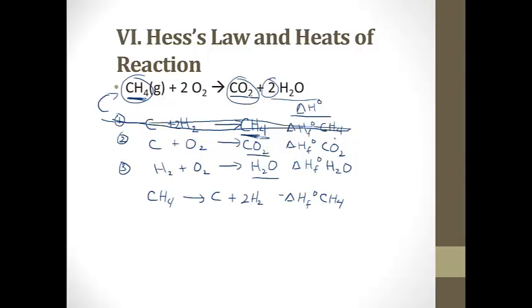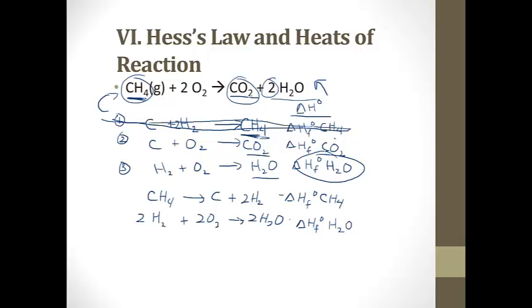So, how do I get it to look like the original up here? Okay, well, I need 2 of everything. So, 2 H2s plus 2 O2s will yield 2 H2Os. Okay, and since I doubled it, this also has to get doubled also. So, the heat of reaction for this is the heat of formation times 2.